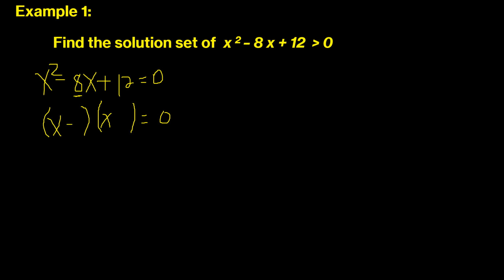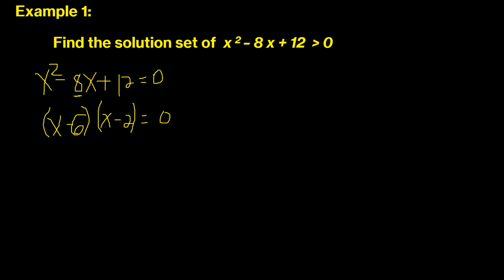So we have negative 6 and negative 2. So if we multiply negative 6 and negative 2, the result is positive 12. And if we add negative 6 plus negative 2, the result is negative 8.